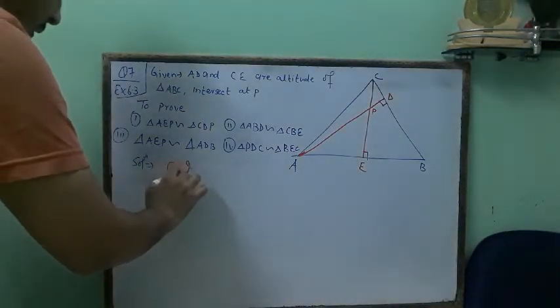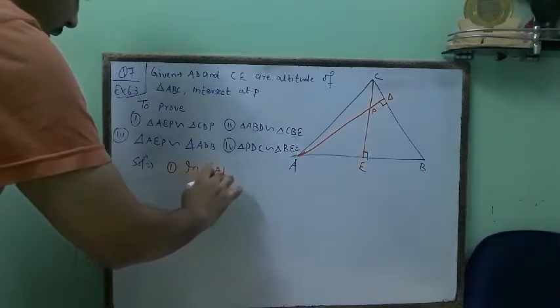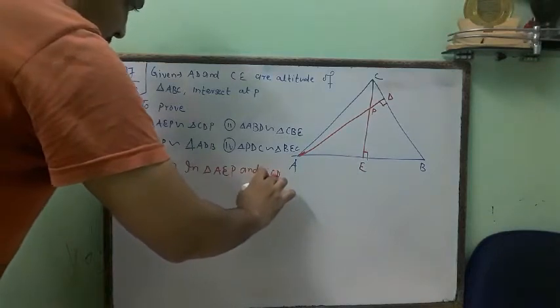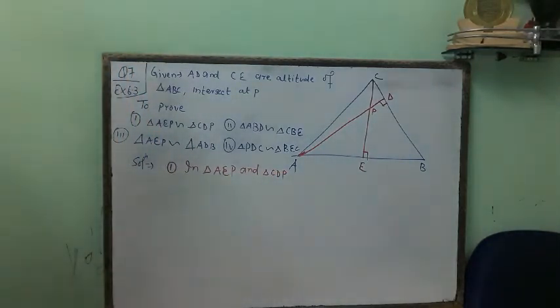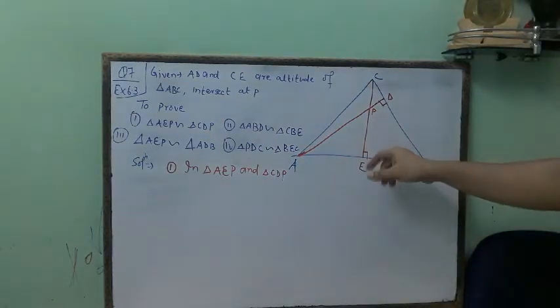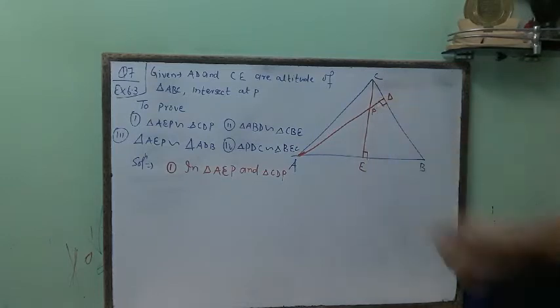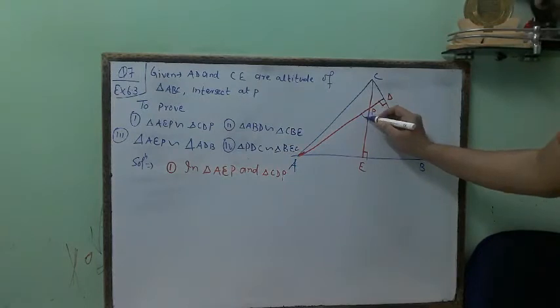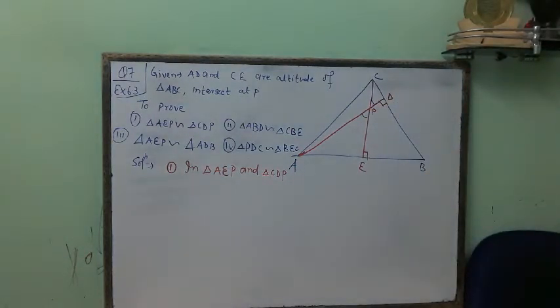The first, in triangle AEP and triangle CDP. For proving similarity of any two triangles, we have to make at least two angles equal. So in triangles AEP and CDP, there is one angle that is a vertically opposite angle, and the name of this angle will be APE and CPD.